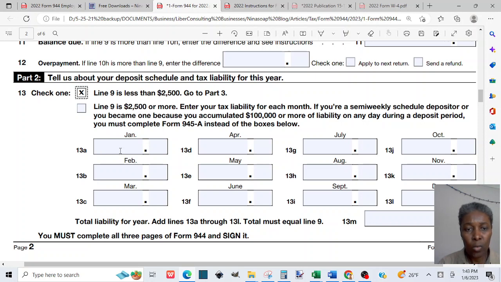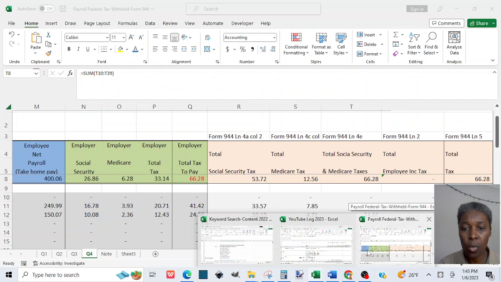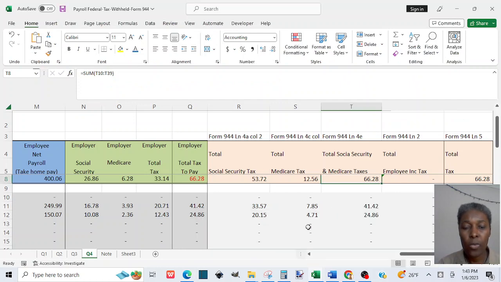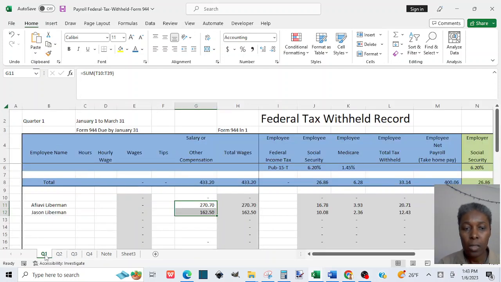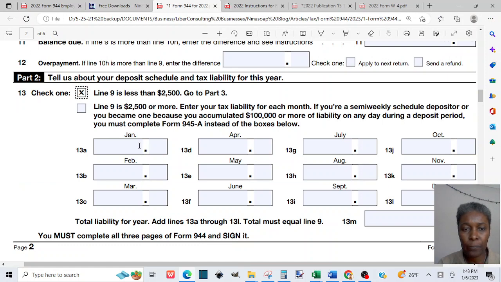So you are going to complete line 9 in that case, and again, the way you will track your payroll will be different. So you will adjust your spreadsheet so that you can track your payroll on a monthly basis now, not on the quarterly basis that I have here as example. But you will need to track your payroll on a monthly basis.